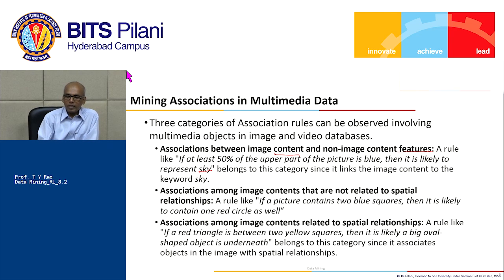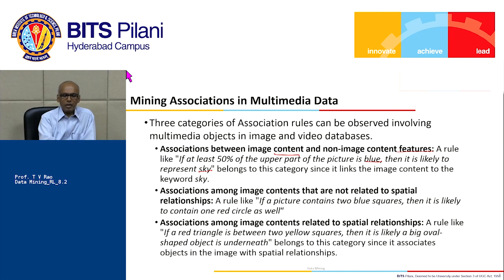The blue is a feature of the image, but sky is something which has nothing to do with the image. It is just that we are bringing it from outside. We are representing association with such keywords. Similarly, we can say that some picture may be representing a sea, or some picture is representing a car. For that, we need to define a part of the picture and its characteristics, and then we associate a keyword which is outside. This is one form of association.